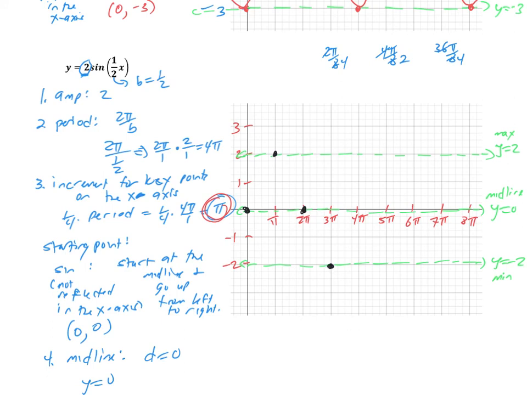Another quarter period will be 4 pi, 0. And then I'm going to continue on with this pattern. And then I'm going to connect these. So I'm going to draw the part above the midline, make a nice curve and beneath it, and continue on above it and beneath it. And I'm going to put arrows at the end because this graph continues on forever.